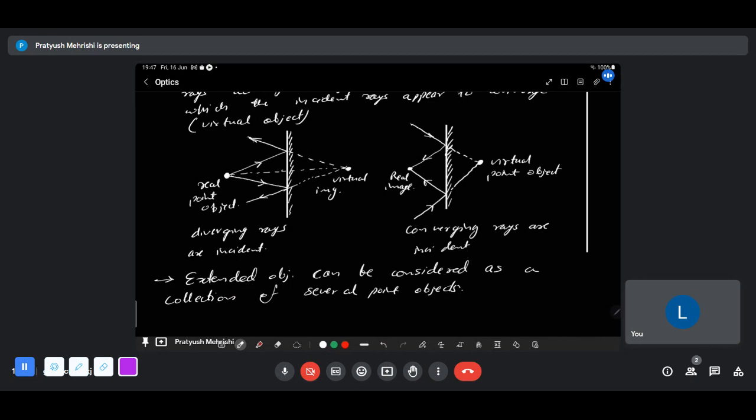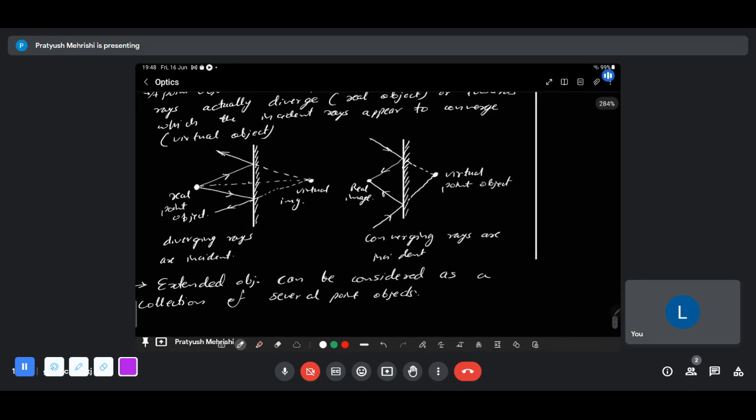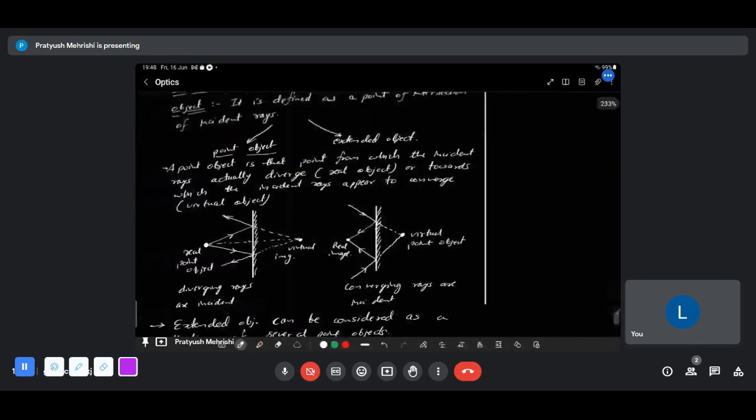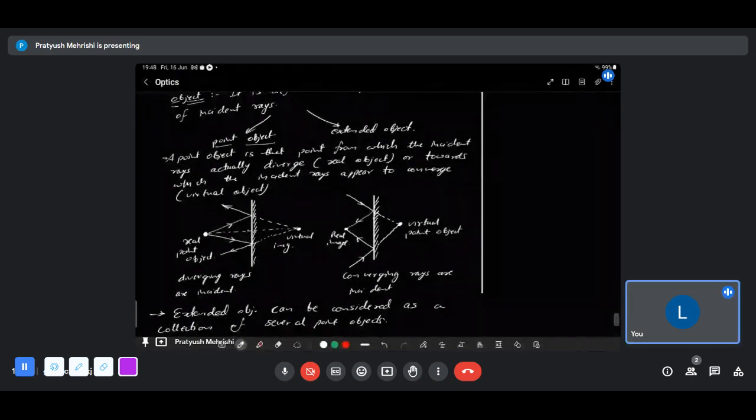So all these things which we have learned now, we are not going to describe them again for extended objects because it is nothing but a collection of several point objects. Okay, taken down this thing about object? Yes, sir. Copied, sir.